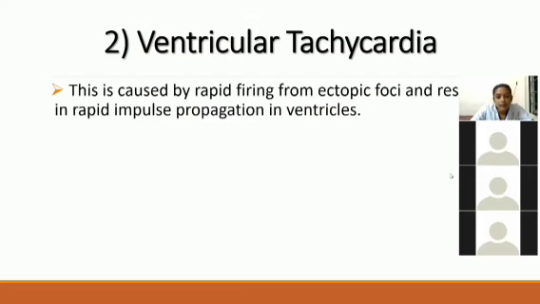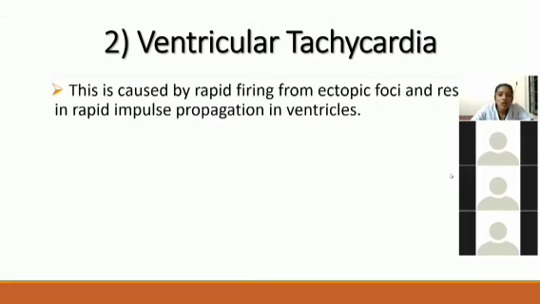Other than this, some other areas are generating electrical impulses. This is known as ectopic foci.